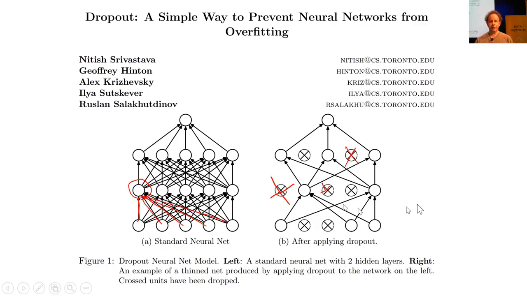So you can see that when we throw away this activation, all of the things that were connected to it are gone too. For each mini batch, we throw away a different subset of activations. How many do we throw away? We throw each one away with a probability p. A common value of p is 0.5.